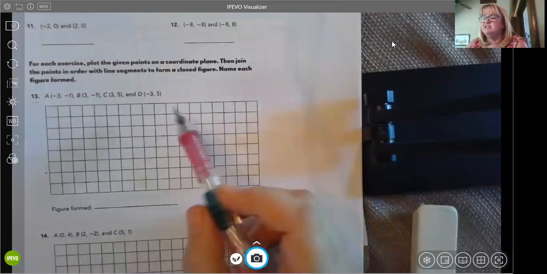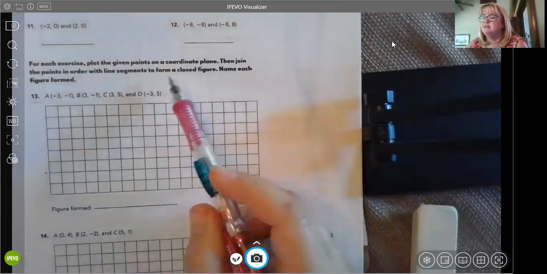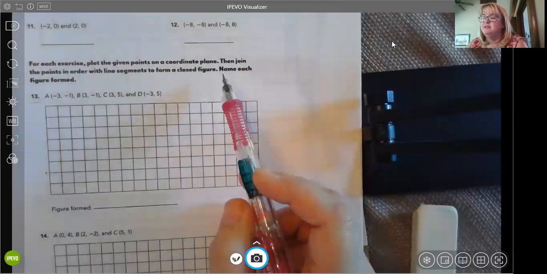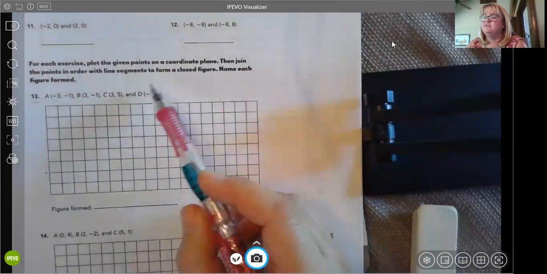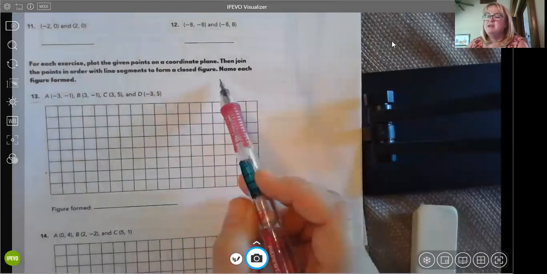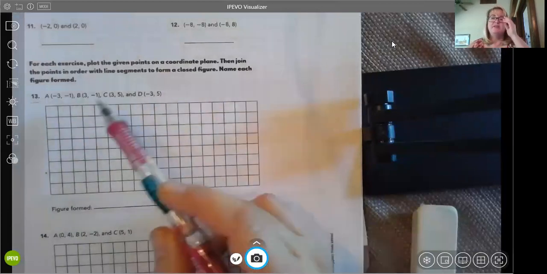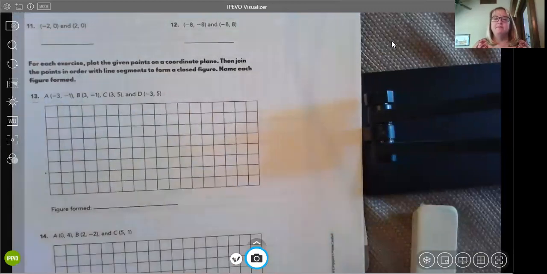It says, for each exercise, plot the given points on the coordinate plane, then join the points in order with line segments to form a closed figure. Name each figure formed. So now they're giving us points. We're going to plot them, but then draw a line connecting them. And it's going to make some kind of shape, and we're going to name what kind of shape it makes.